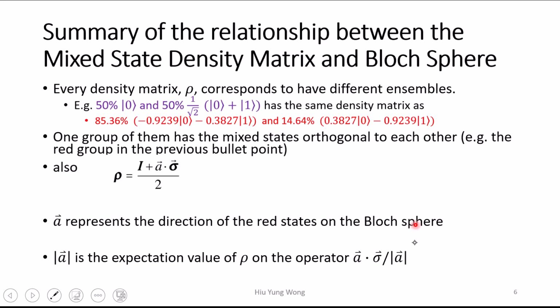So A is just like you have these two pure states and you represent the direction on the Bloch sphere. And the length of A is just the expectation value of this one on this scale, the normalized A dot sigma.